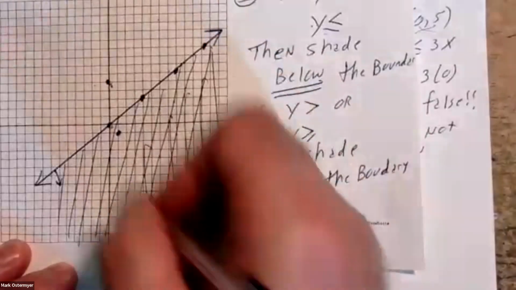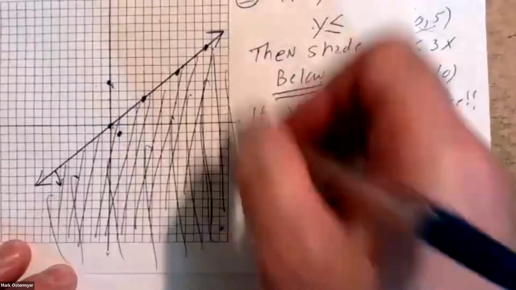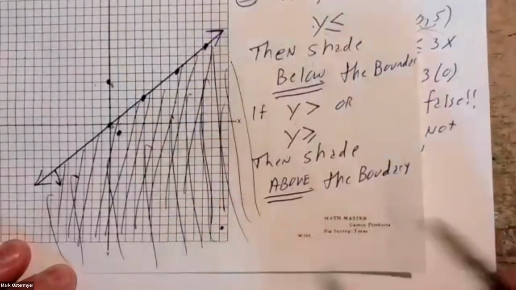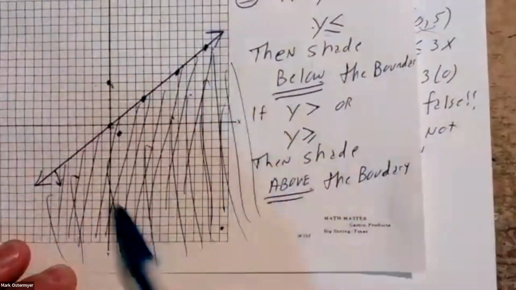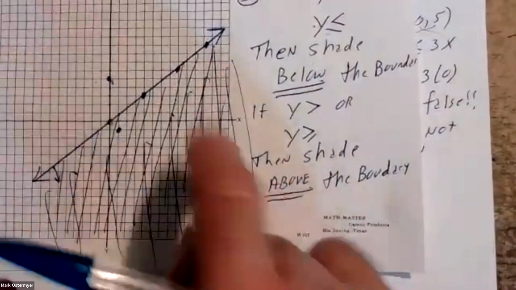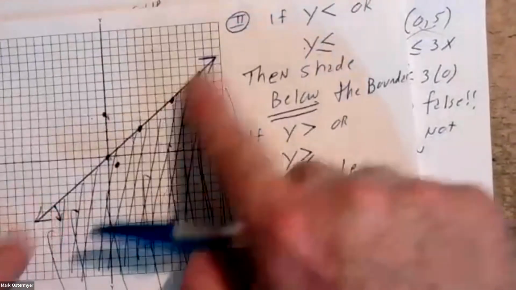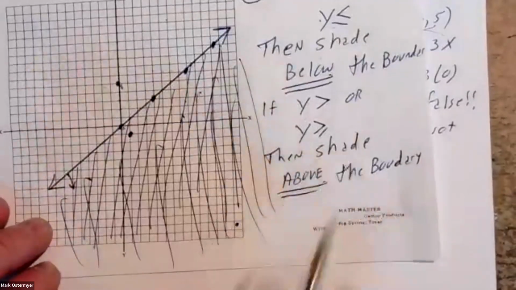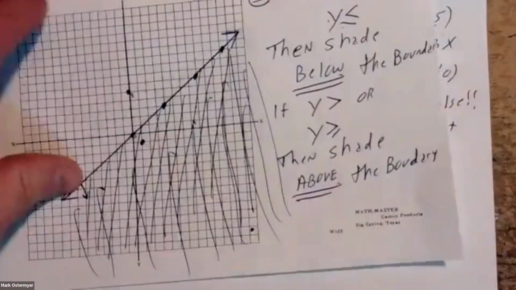Yes, it is. It's in the shaded region. This plane goes forever, okay? That's a solution. There's an infinite number of ordered pair solutions in this plane because the shaded plane extends in both directions forever and goes down and to the right forever also. Infinite number of solutions.